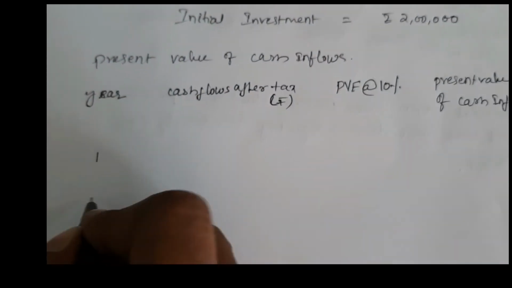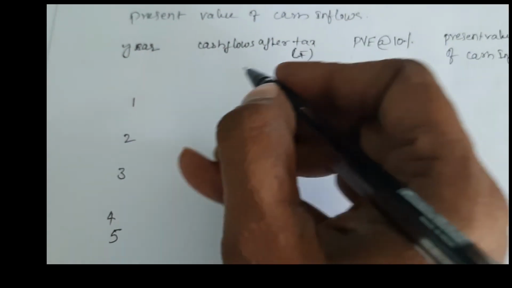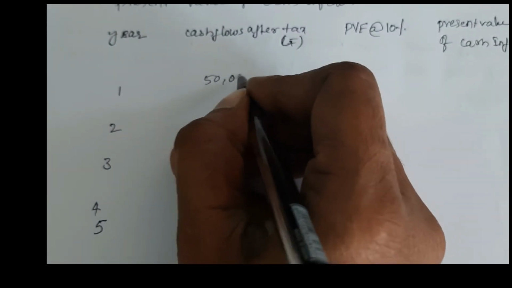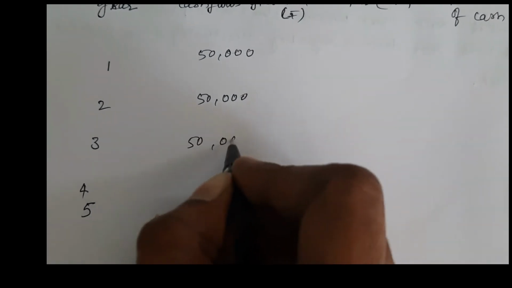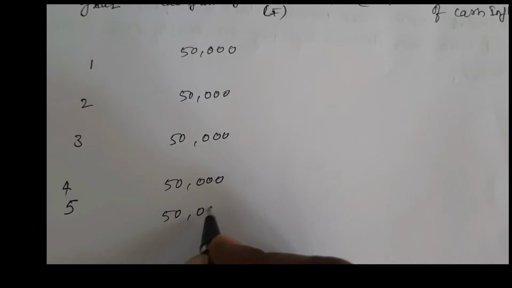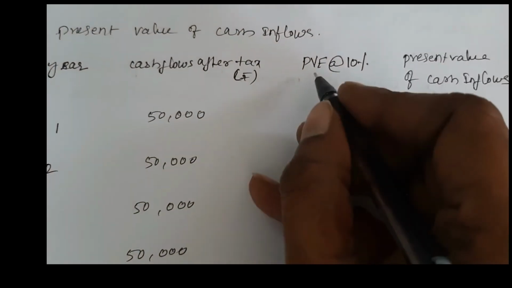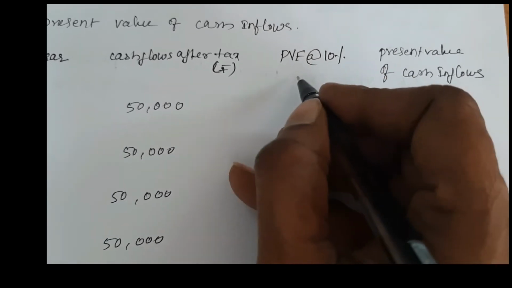So here 5 years of cash inflows are given, 1, 2, 3, 4, 5, and for each year we write 50,000, 50,000, 50,000, 50,000 and again 50,000.